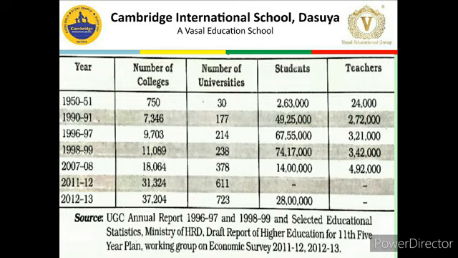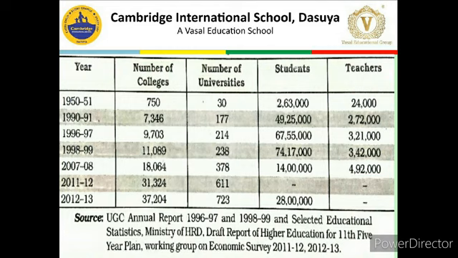Thus, in spite of numerous efforts of the government, a 100% literacy rate is still not achieved after so many years of independence. Now let us read the table to see the increase in the number of colleges, universities, enrollment of students and recruitment of teachers from 1951 to 2011-12, 2012-13.